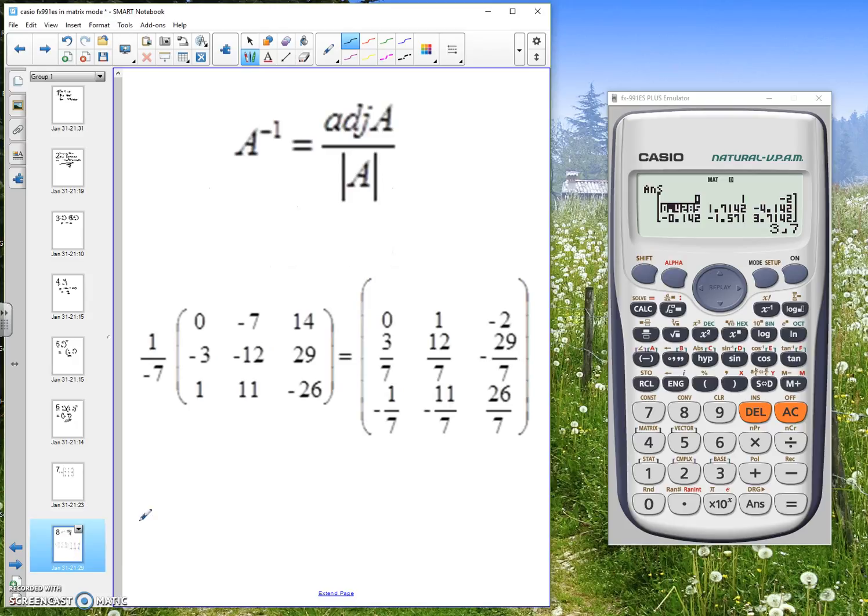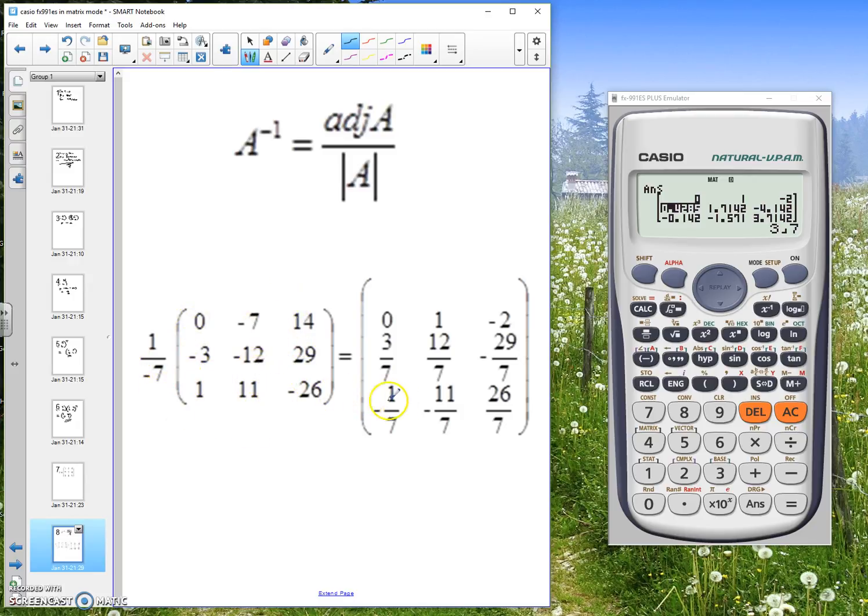And if I was doing this manually to find the inverse matrix, I would have done that by finding the adjoint and then dividing it by the determinant. Well, the determinant for this matrix is -7, and this is the adjoint matrix.